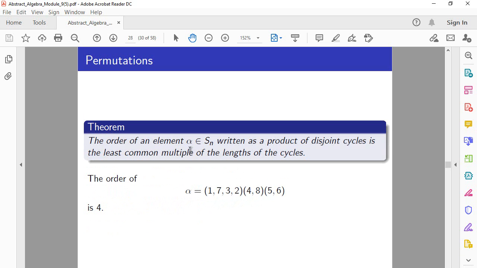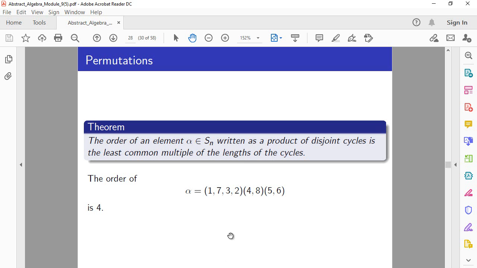The order of an element alpha written as a product of disjoint cycles: remember that any permutation alpha can be written as a product of disjoint cycles, and the order of alpha is the least common multiple, or LCM, of the lengths of the cycles in the product representation of alpha.